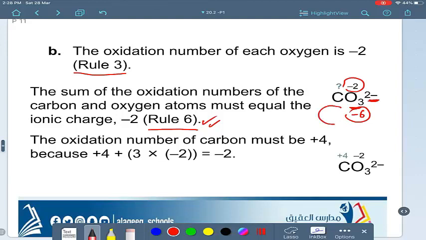To make the overall charge not 0 but -2, you have to make it +4, because it's a polyatomic ion. So the carbon is +4.